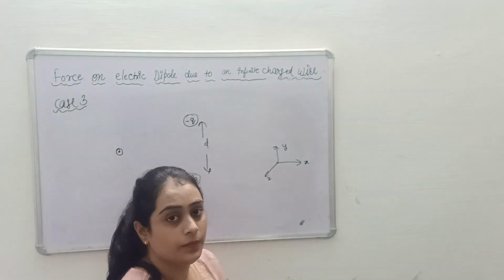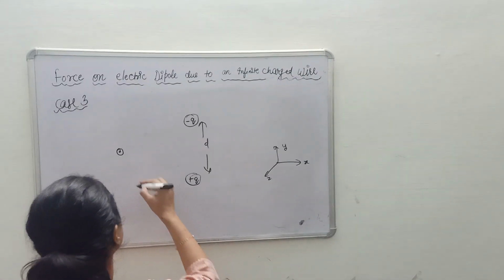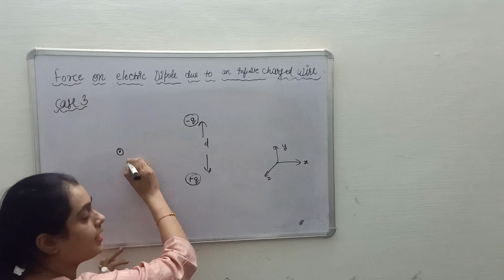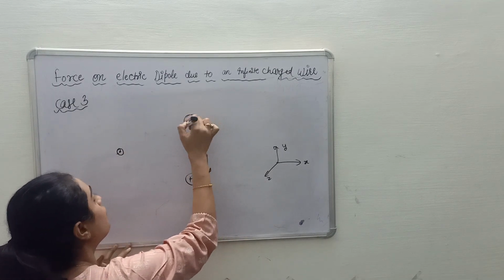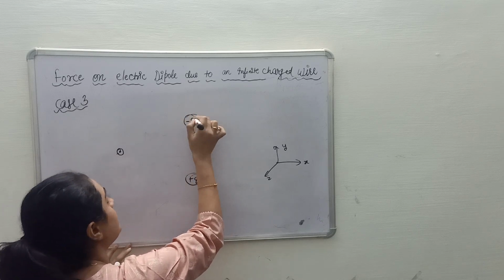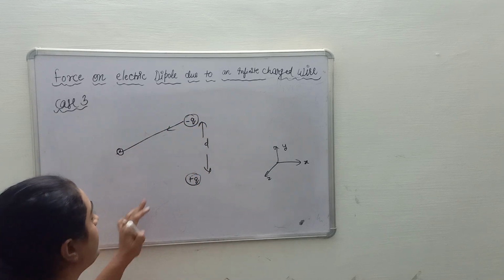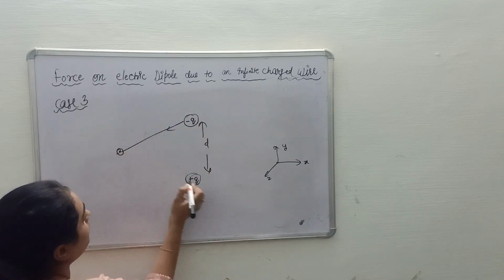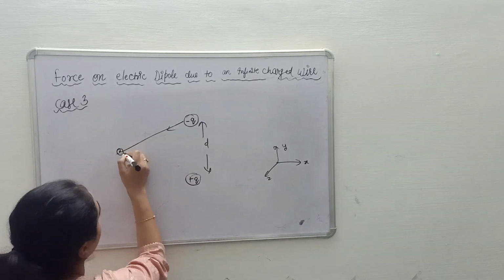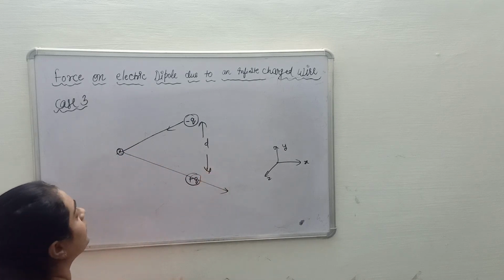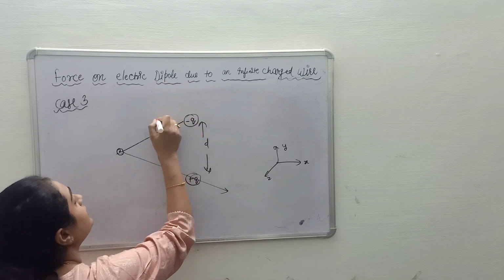Charge is uniformly distributed along the length of the wire. So the force on the negative charge will be directed in this direction, right? Attraction. And the force on the positive charge due to the positively charged infinite wire will be directed in this direction. Clear? So here the direction of force makes an angle theta with the horizontal.